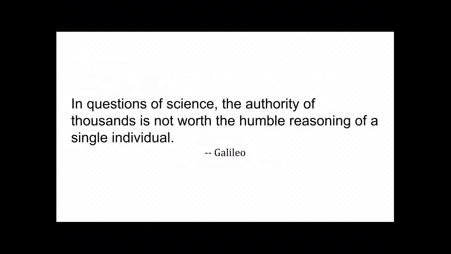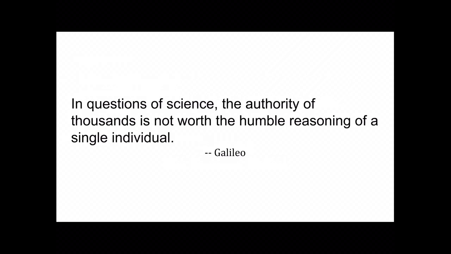So we start out in this lecture with a quote from Galileo, our good friend that we got to know in the last lecture. In questions of science, the authority of thousands is not worth the humble reasoning of a single individual. So what does Galileo mean by that? He means that it doesn't matter how many people hold an opinion if it's not backed by sound reasoning and logic.